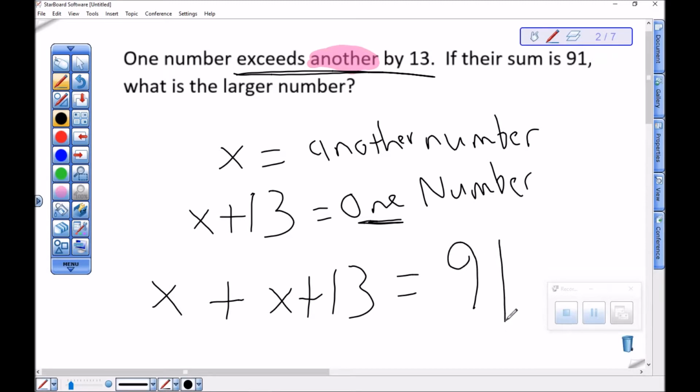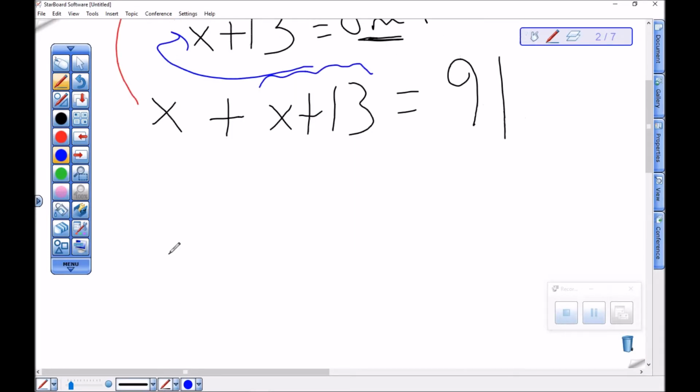Okay, so this first x is another number, that guy up there. This x plus 13 is my one number that I started with. So the sum of those guys is 91. When I add together x, my another number, and x plus 13, my one number, I get 91. All right, so now I have an equation that I just need to solve.